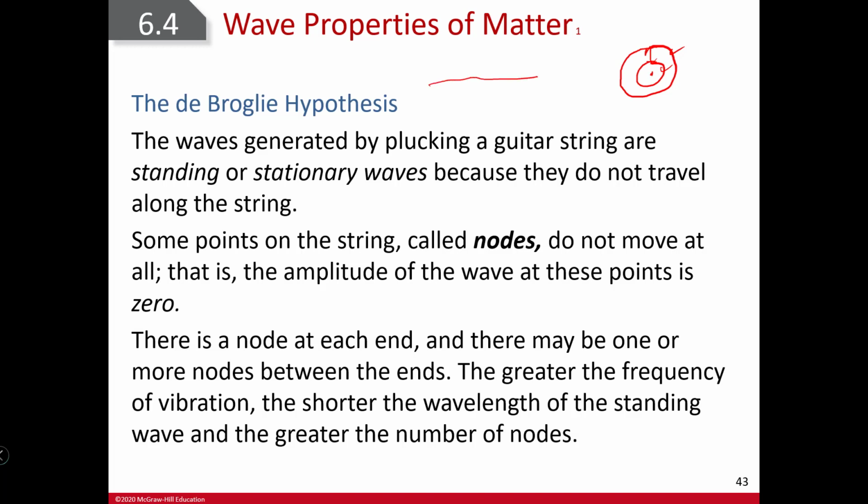When you pluck a string, the simplest is like this, where the string just waves up and down. You've seen this probably on a guitar. So this is a node. This is where the electron cannot exist. That's a node, and the electron can't exist here. So this vibration is where the electron energy can exist. And it can exist at the ends there.